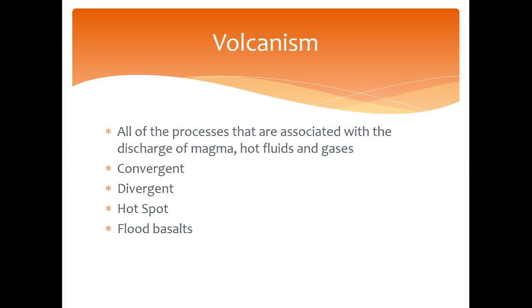You can get some really nasty stuff as well. And it happens at convergent boundaries, divergent boundaries, something called hot spots, and there's also a type of volcanism known as flood basalts. Now, when I say that it happens at convergent boundaries, any volcano that occurs at a convergent boundary is said to be convergent volcanism.